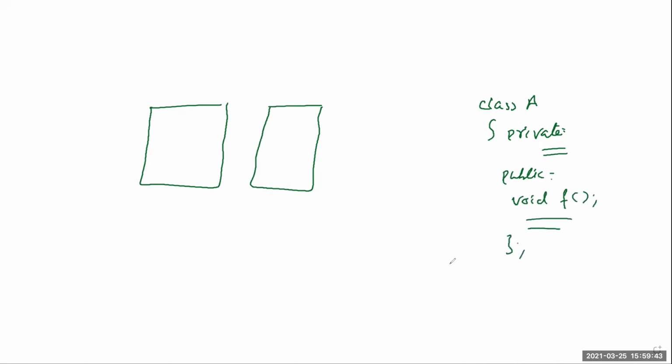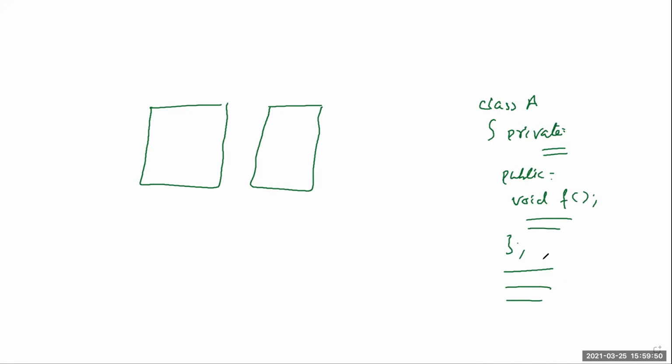For example, in some class A, we have private data, and then in public we just have void f and a semicolon, nothing else. Then outside the class we provided the definition or body of each function.